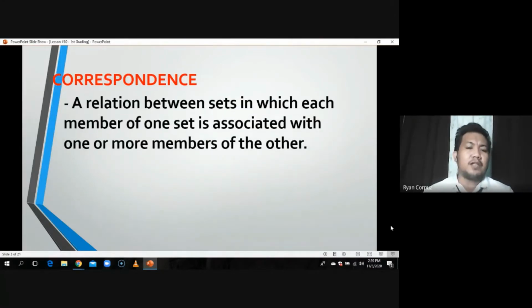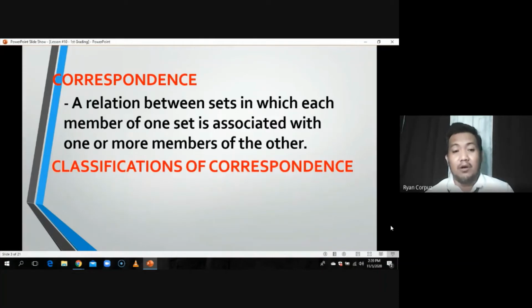We define correspondence as a relation between sets in which each member of one set is associated with one or more members of the other. That's why when we are talking about correspondence, it has classifications. There are three classifications of correspondence.